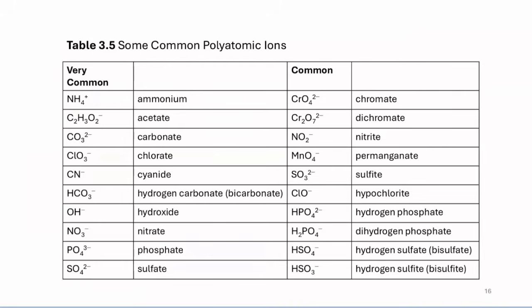You will be tested on the content of all the information that you see in table 3.5. Now let's go from name to chemical formula to see how we write the chemical formulas for these ionic compounds.